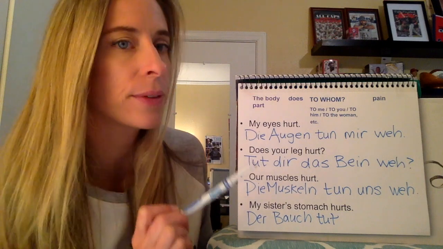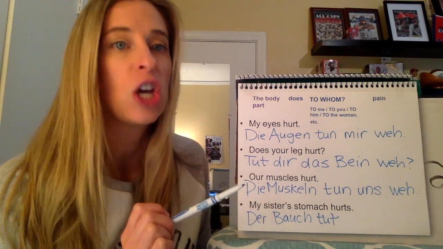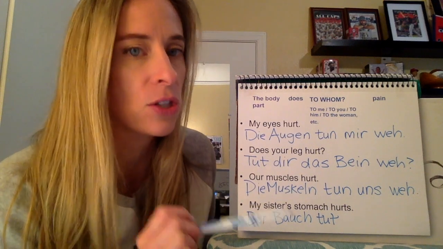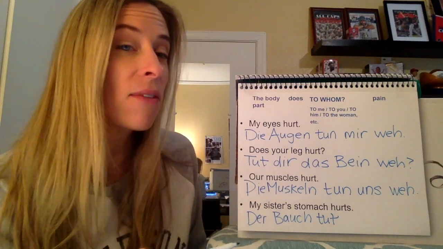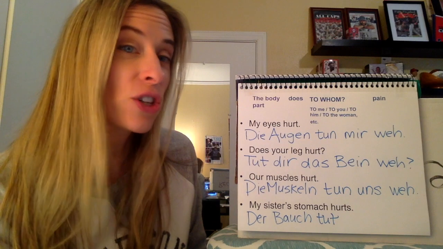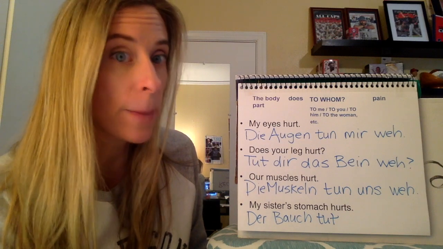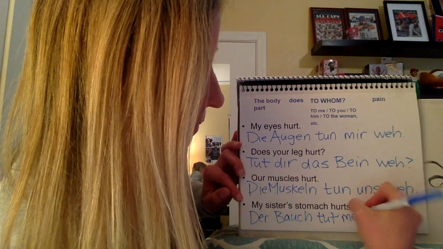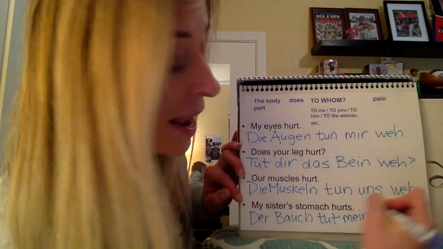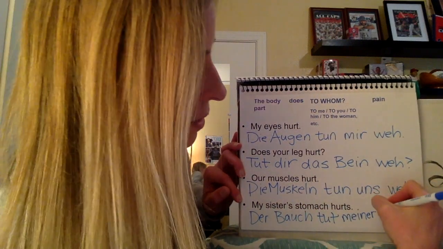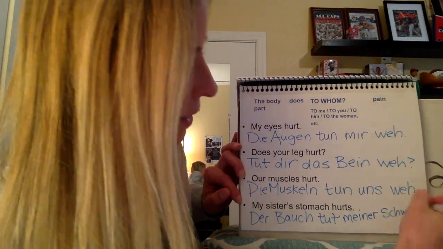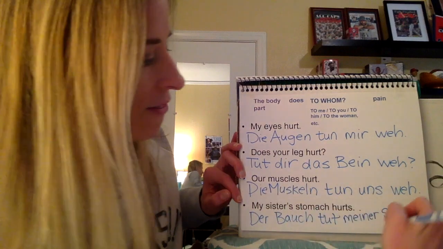All right, so this is where we're going to get to whom. So really we're saying the stomach does pain to my sister. It's almost like giving a gift to my sister. And so think of that indirect object ending, sister is feminine, so this is going to be meiner Schwester, with an R. And then we always end with weh.